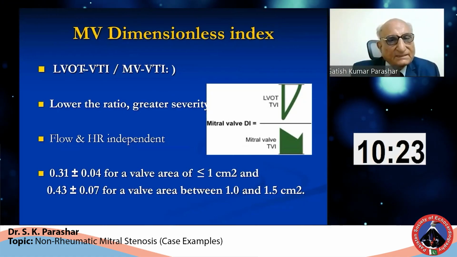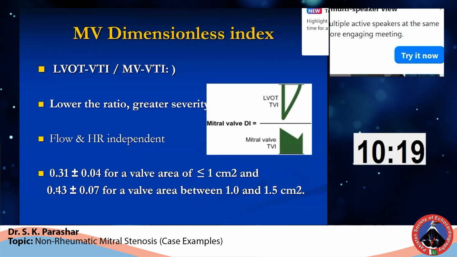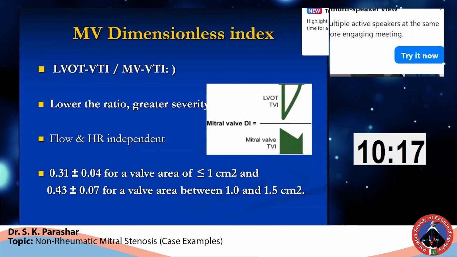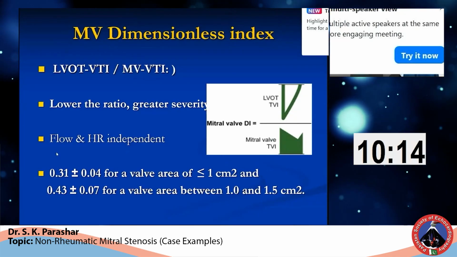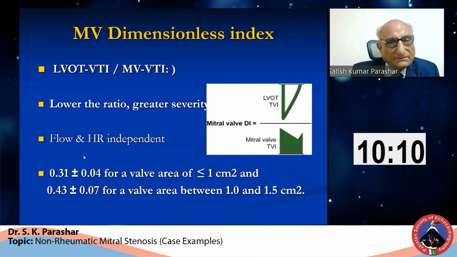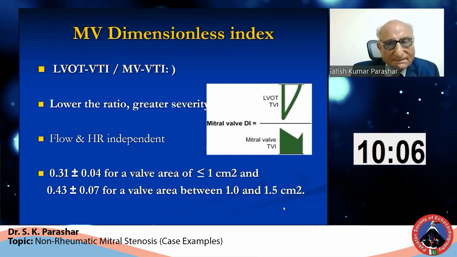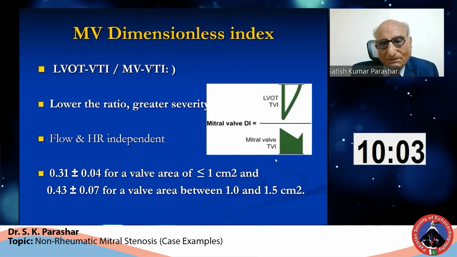While this remains constant and this increases, so the lower the area. So it has been shown that those who have an area less than 1 square centimeter, this ratio is 0.31 to 0.04. And then as the ratio increases, the area also increases, going to 1 to 1.5.